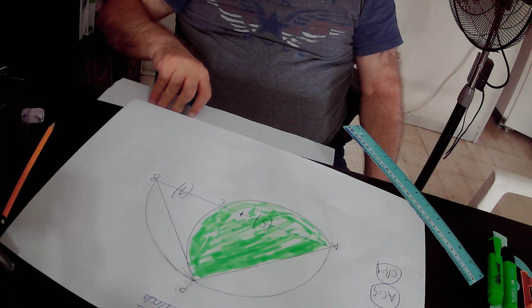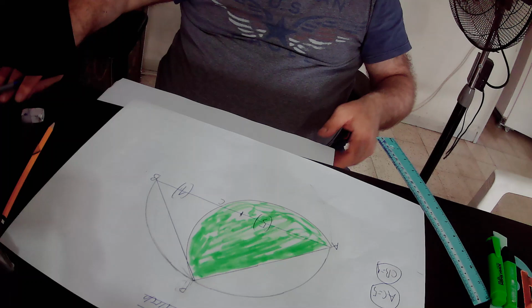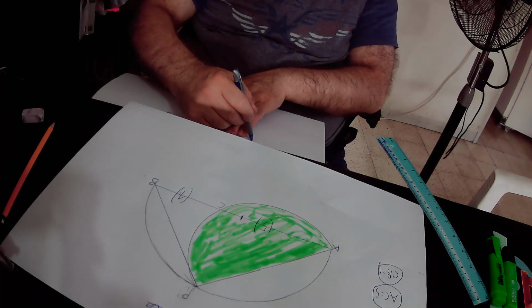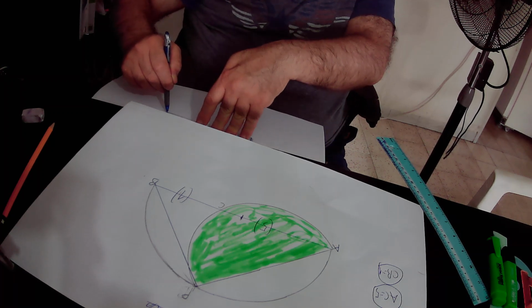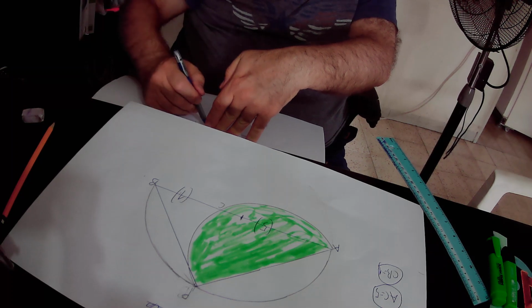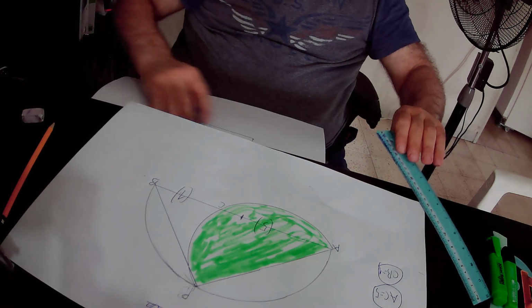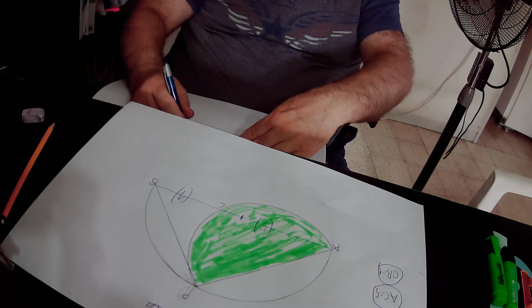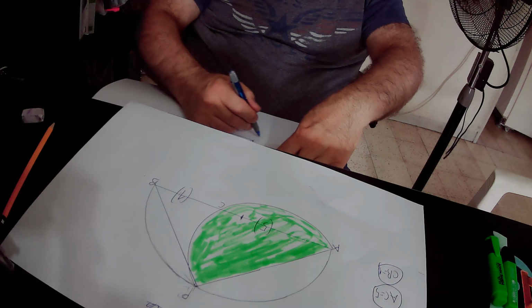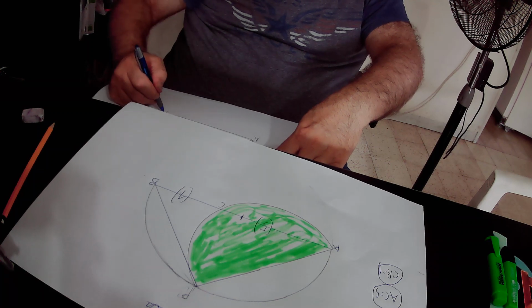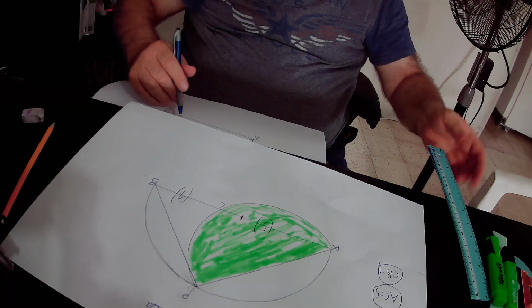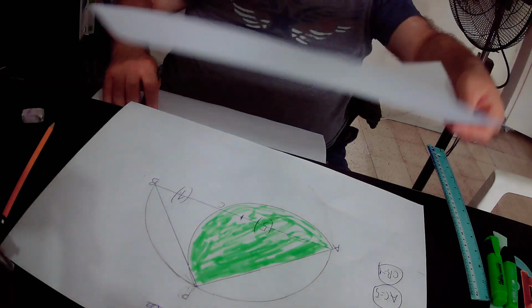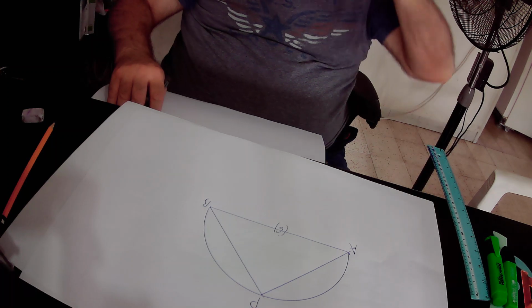So this is the white semicircle that I copied from the original drawing.